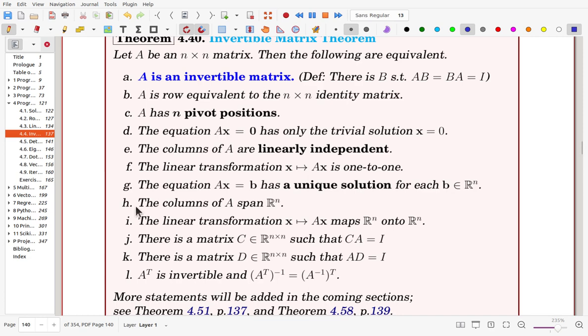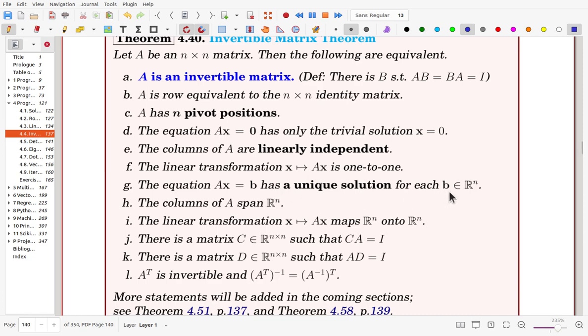We also consider this one: the columns of A span Rn, so the linear combinations of the columns of A will make every vector in Rn. That one is basically the same as that one.